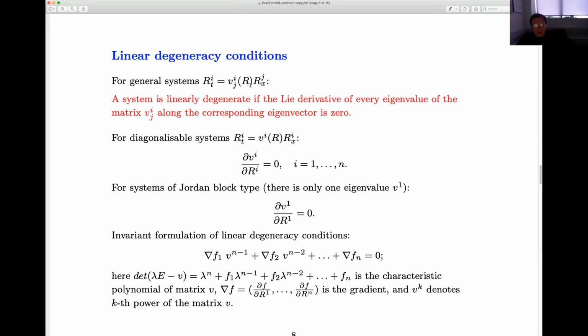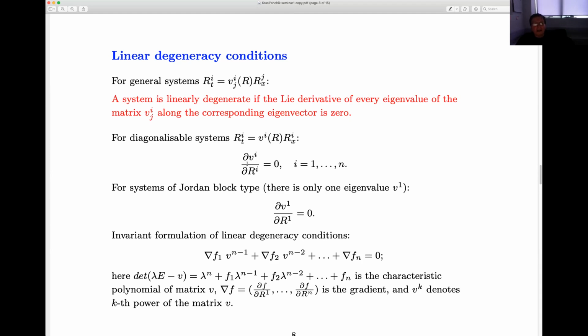So every matrix has eigenvalues and eigenvectors, and we can calculate the Lie derivative of every eigenvalue of this matrix along its corresponding eigenvector, right? If all such derivatives are zero, the system is called linearly degenerate, all right? So in particular, for diagonalizable systems, we have n distinct eigenvalues, and the corresponding linear degeneracy conditions just reduce to these simple equations.